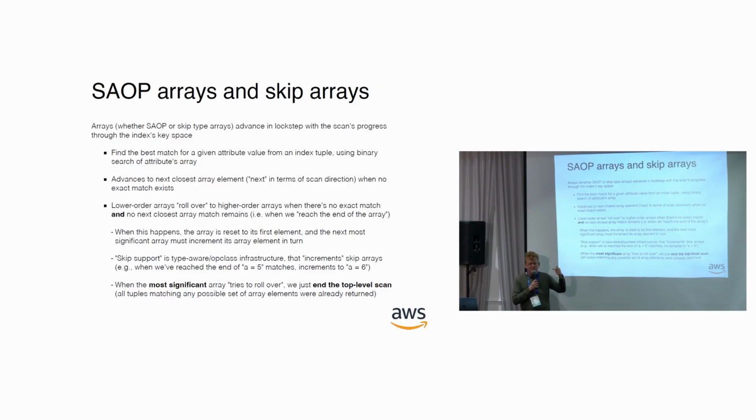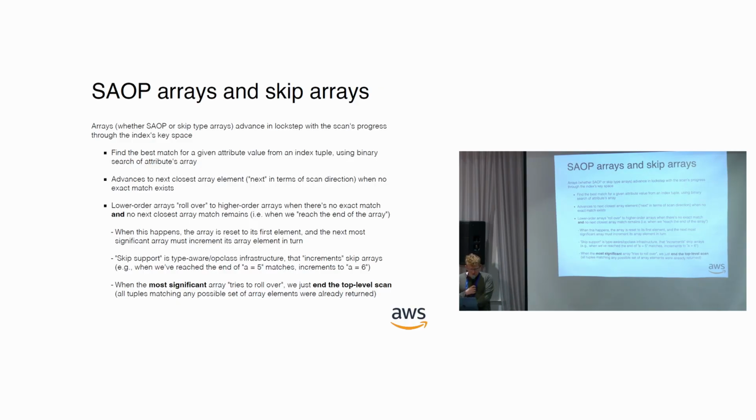For example, if we reach the end of the low order array on column C, that needs to roll over and increment the value in column B, which perhaps could in turn need to roll over and then increment the other array on column A. It all depends, of course. So they need to work as one group, and having this generalized notion of an array, maybe a skip array, maybe a scalar array op array, is quite useful architecturally because it confines knowledge of the distinction between these two things to the lowest level code.